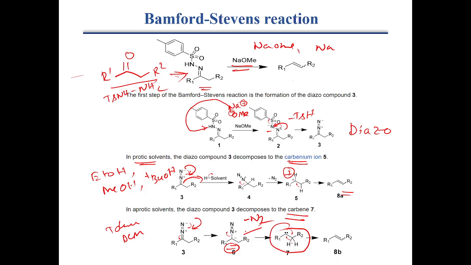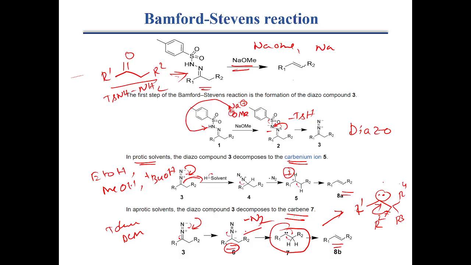Now this carbene, if it has hydrogen, the hydrogen will go there and form this double bond. If there is no hydrogen, such as R1, R2, R3, R4, if any compound has no hydrogen, what happens in this case? The group which is there will migrate. So it migrates like this way.